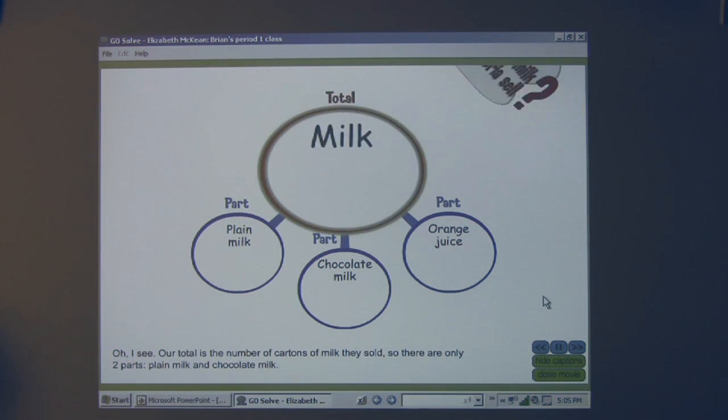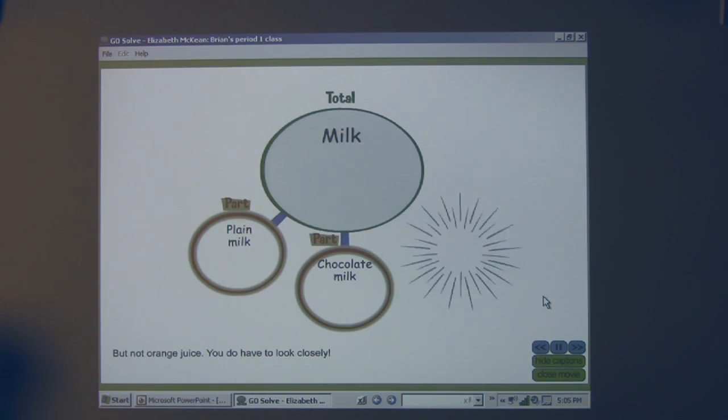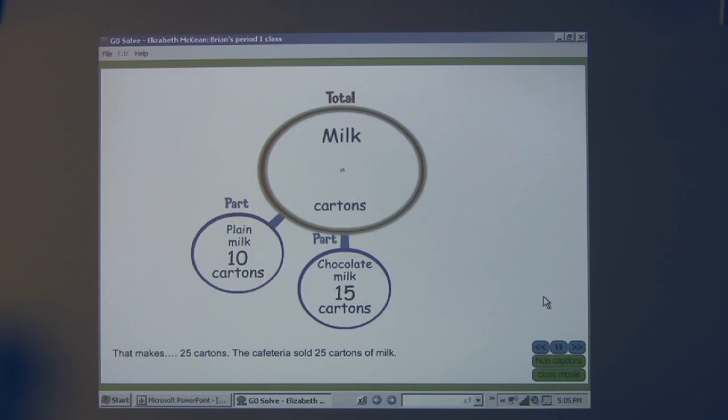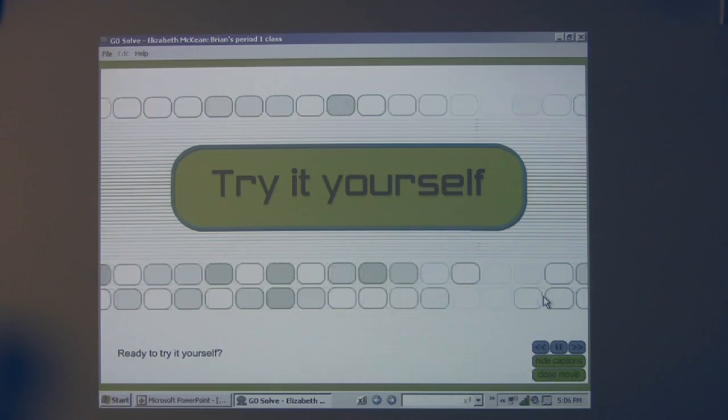The total is the number of cartons of milk they sold. So there are only 2 parts. Plain milk and chocolate milk, and not orange juice. You do have to look closely. So, 10 cartons of plain milk plus 15 cartons of chocolate milk equals the total number of milk cartons sold. That makes 25 cartons. The cafeteria sold 25 cartons of milk. Exactly. You always need to read the question carefully and think about the total before you decide about the parts. Ready to try it yourself?